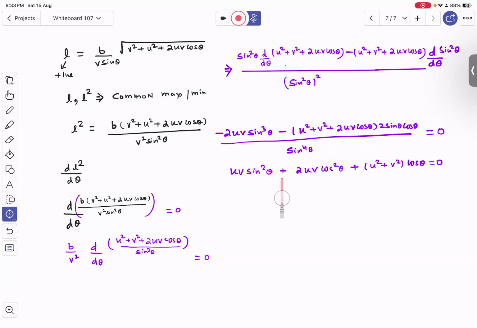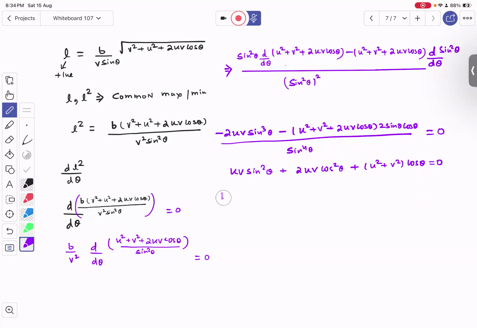After that, whenever you get trigonometric equations with sine and cos everywhere present, what is the first thing we do? Most of the time we try to convert it into only one format, like either I will write everything in terms of sine only, cos only, or tan only, whatever is easy. So see, this term is a cos term, this term a cos term. So maybe I'll write sine square in terms of cos. That will be 1 minus cos square theta.